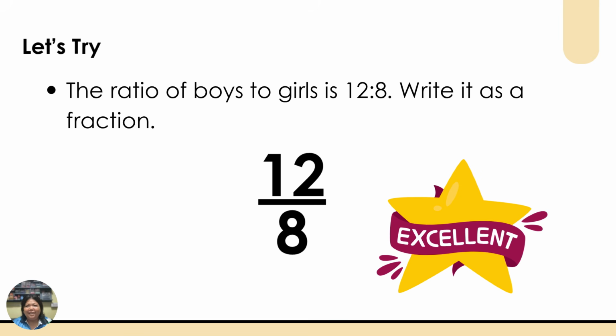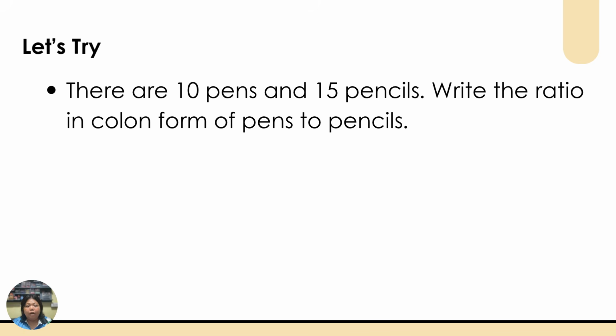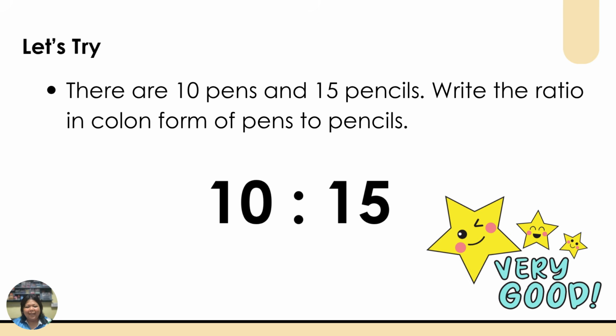Excellent. Next, number 2. There are 10 pens and 15 pencils. Write the ratio of pens to pencils in colon form. Good job. If your answer is 10 colon 15.